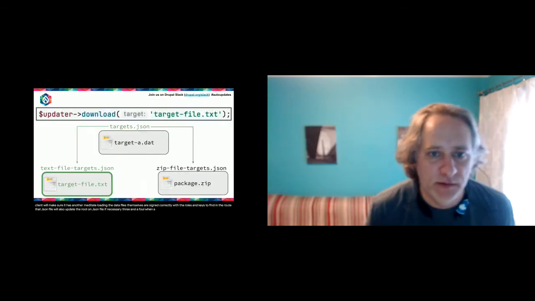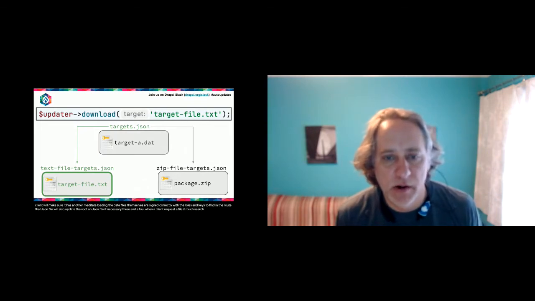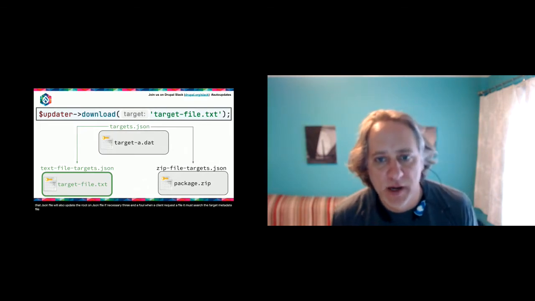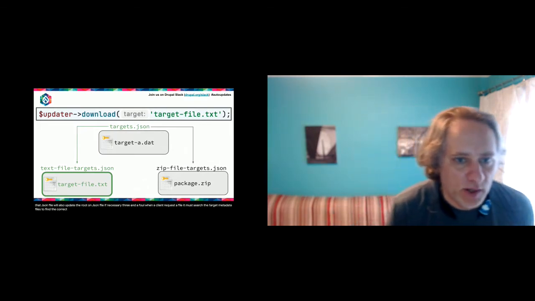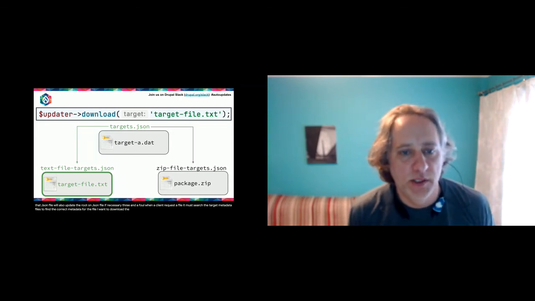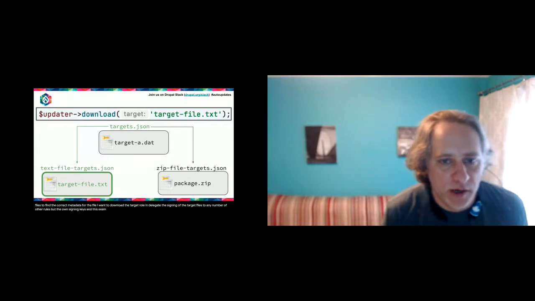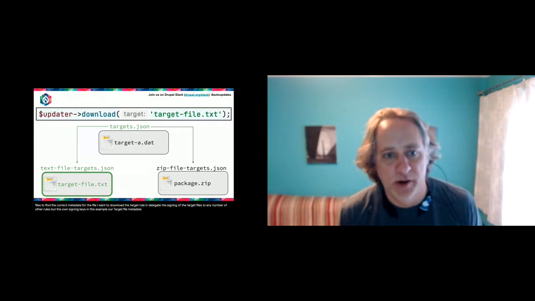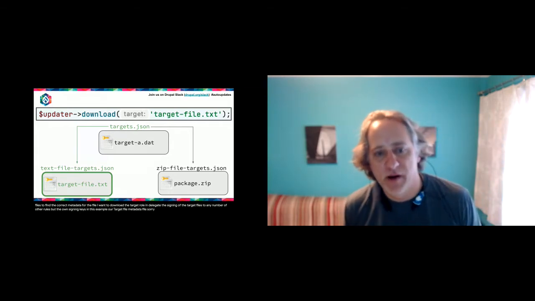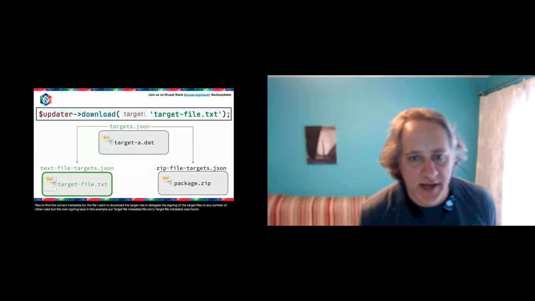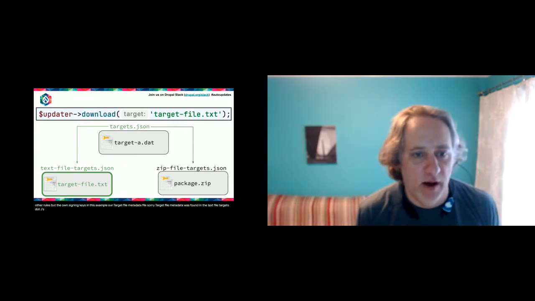When a client requests a file, it must search the target metadata files to find the correct metadata for the file it wants to download. The targets role can delegate the signing of the target files to any number of other roles with their own signing keys. In this example, our target file metadata was found in the text files targets.json file.